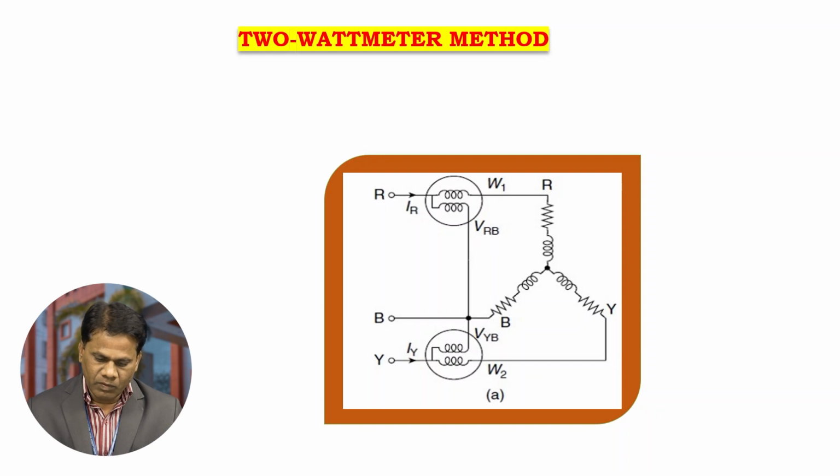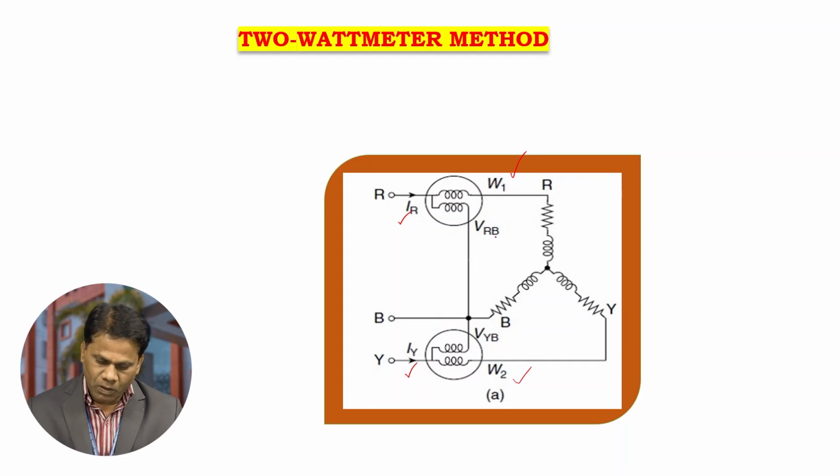Here W1 is the reading of wattmeter 1, and W2 is the reading of wattmeter 2 in the Y phase. IR is the current flowing through line R, and IY is the line current flowing through the Y phase.